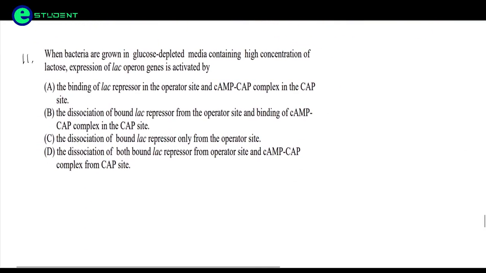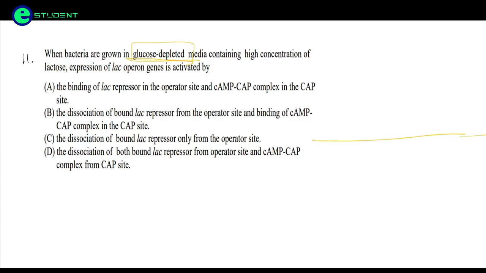When bacteria are grown in glucose depleted media containing a high concentration of lactose, expression of lac operon genes is activated by what? Whenever glucose depleted is given, keep in mind that in this situation the repressor will not be bound to the operator sequence.